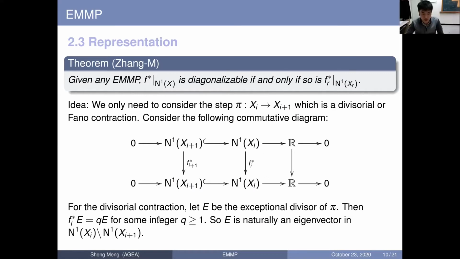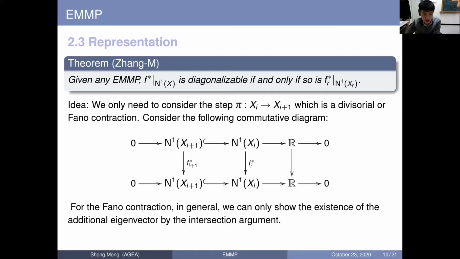For the divisorial contraction, you let E be the exceptional divisor of pi, and then by the equivariancy, if you pull back E, it equals some multiple of E. So naturally, E is an eigenvector. So this is simple.